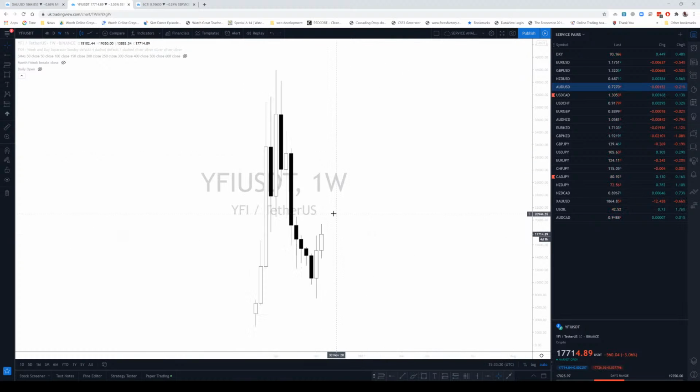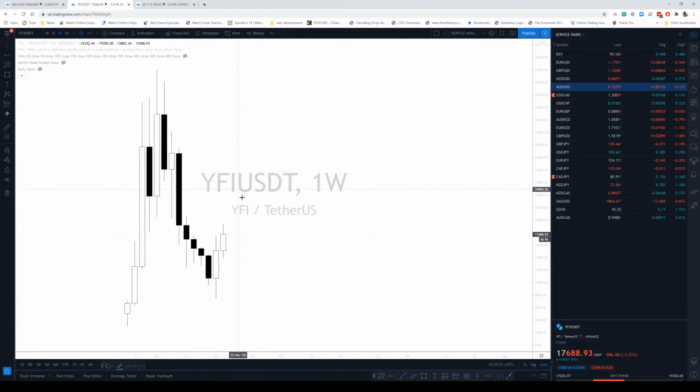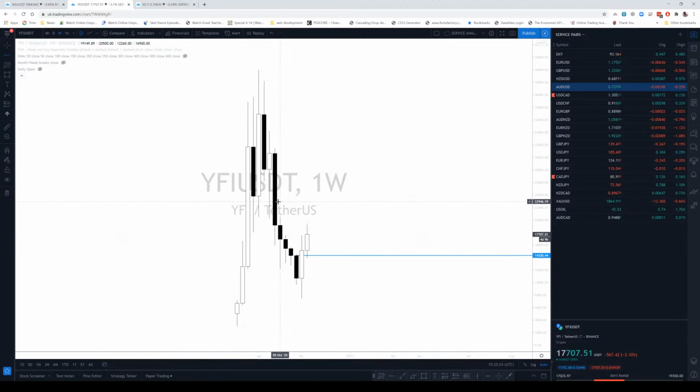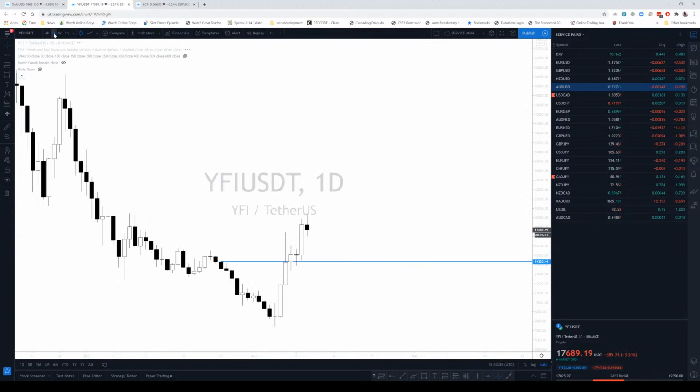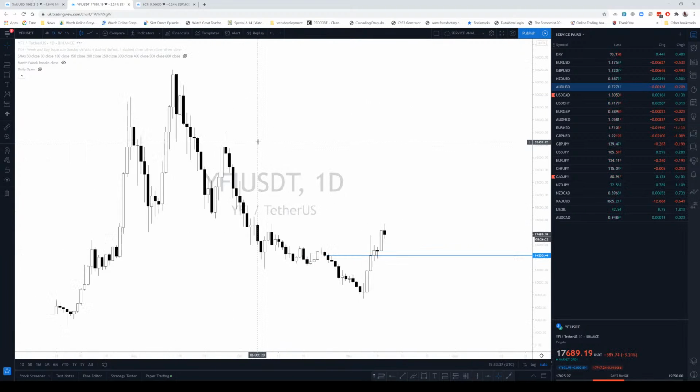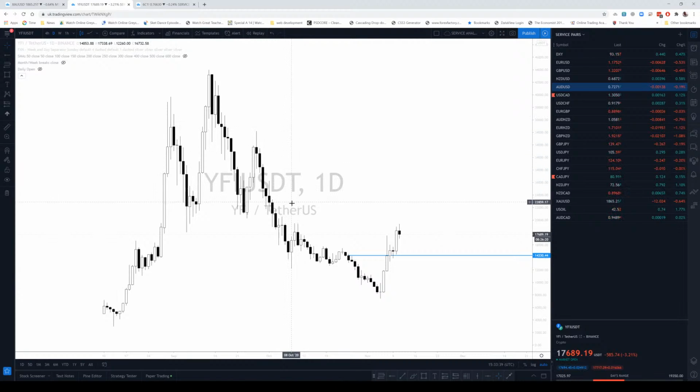That was a very nice buy from here. We engulfed this and price has come back. We traced it to it. This looks like it wants to come back to the breaker.